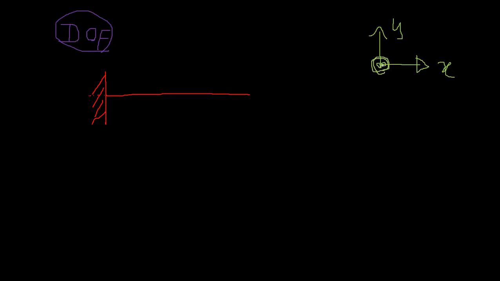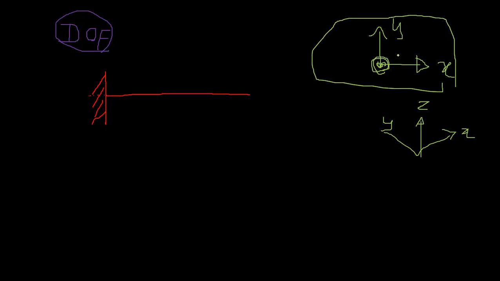It is like this: x, y, z. Since it is fixed, think about this joint, right? It cannot go in this direction.